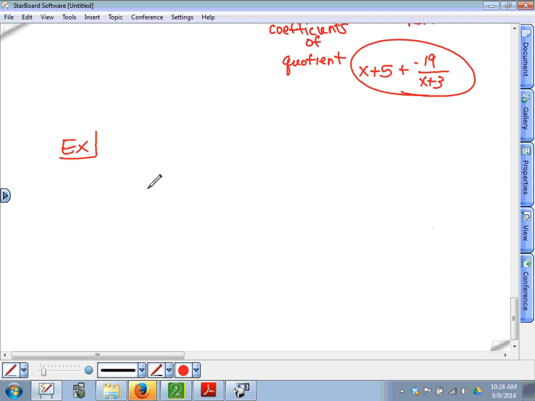You're going to divide 2x squared minus 3x plus 8 divided by x plus 5.